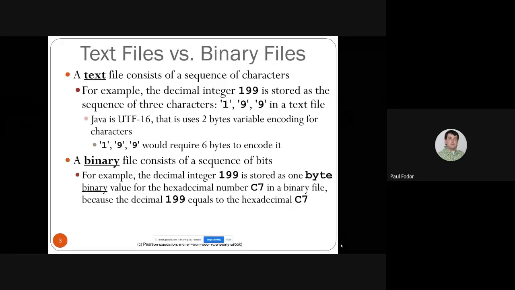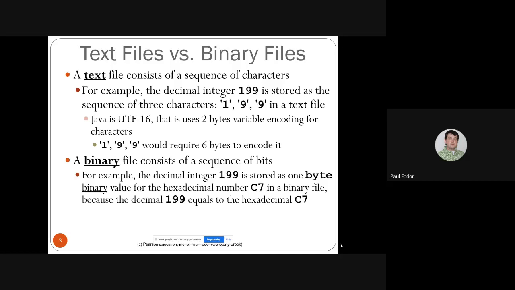Text files have the advantage that they can be read by humans. They can be written with Notepad, Emacs, VI, or other editors. In fact, Java source code is stored in text files, readable and writable by humans with text editors.